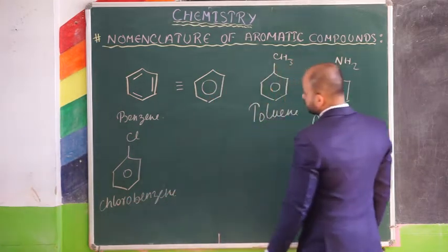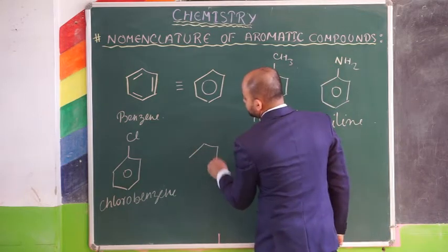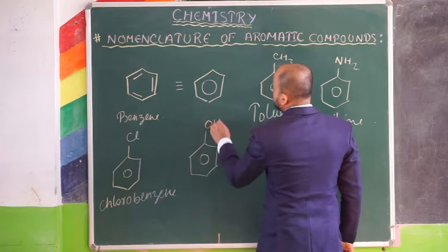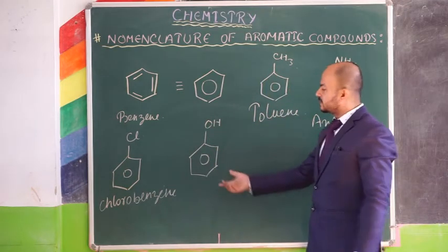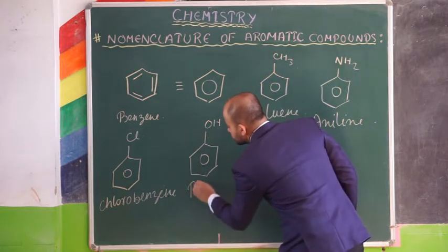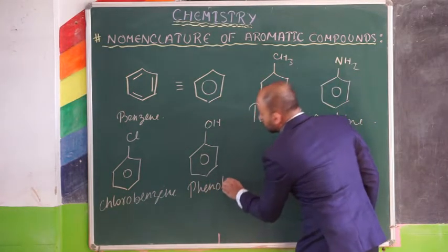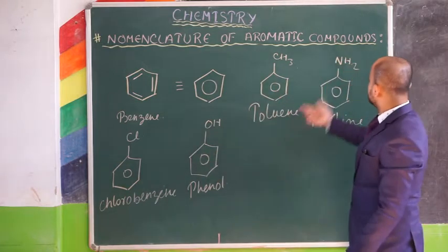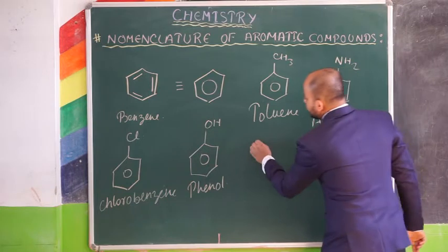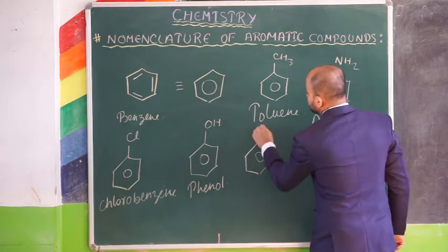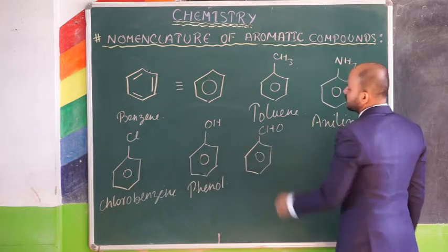If you have a benzene ring with an OH group, the name of this compound is phenol. So chlorobenzene, phenol, toluene, aniline.